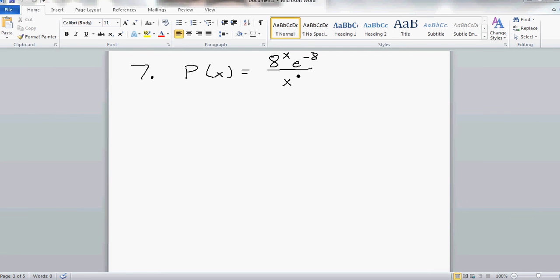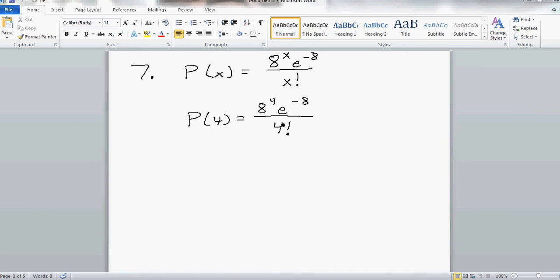And anytime this comes up, this will be given to you. And basically, selling 4 jars in a week, we want to find P of 4. So that would be 8 to the 4th power times e to the -8th power over 4 factorial.